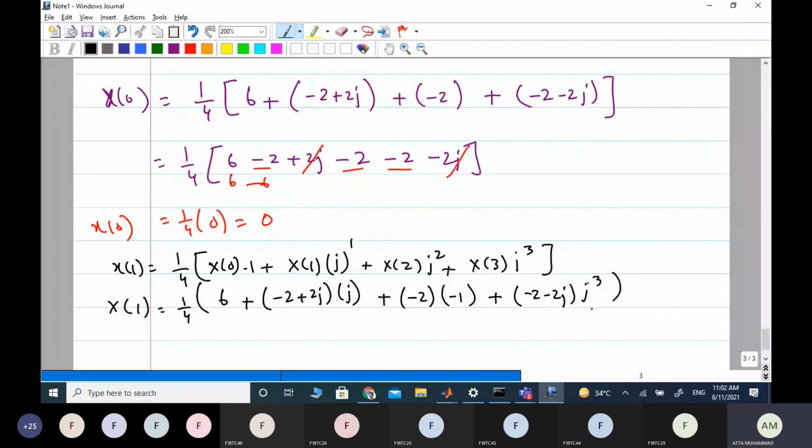Okay, so 1 by 4 of 6 plus into minus minus plus into minus. No, first of all we have to solve for the multiplication.